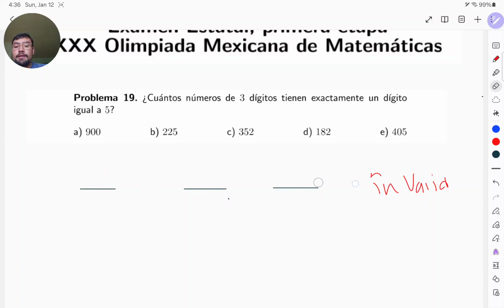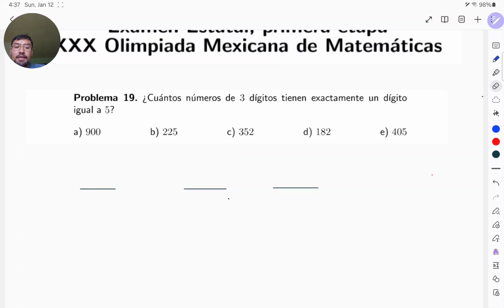To find all those numbers, it's natural to think that we have essentially 3 cases. In the first case, the 5 appears in the first position. The other case is when the 5 appears in the second position.